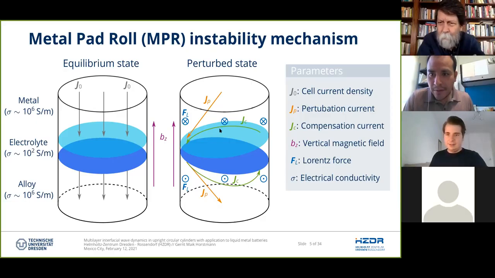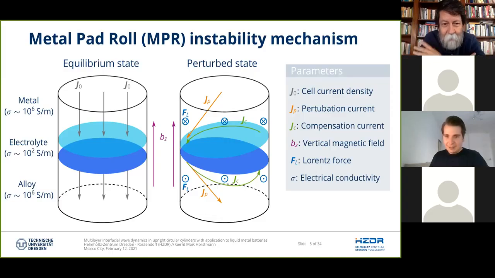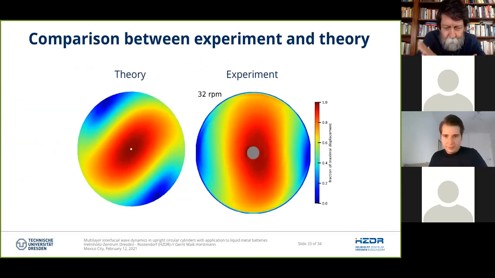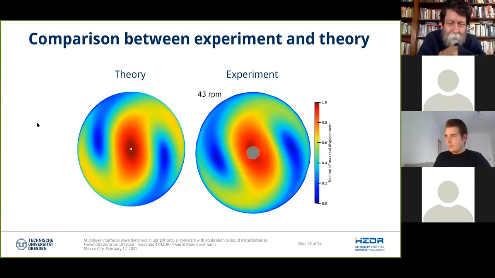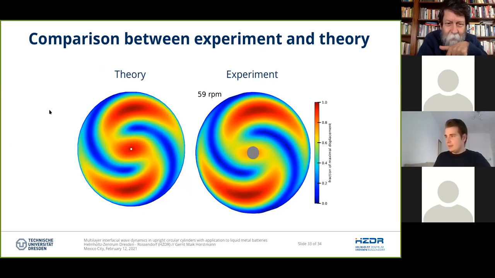And perhaps if I may ask one last question. Sure. I think it was your last slide, where you showed us the experimental and theoretical results. Yeah, that's the one. If you let it go, we can see that these spiral waves are forming.